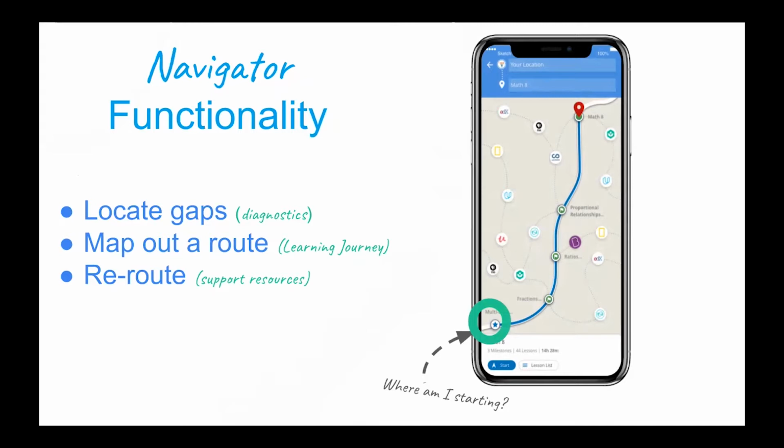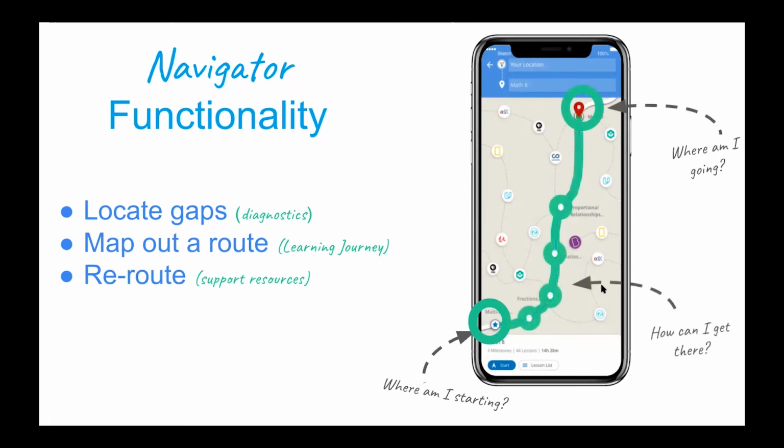It plots out a personalized route to their destination, and that destination is typically grade level. And again, much like a GPS, it offers reroutes based off of student struggle or success. So we can see where am I starting and where am I going? How can I get there? And also any reroutes.